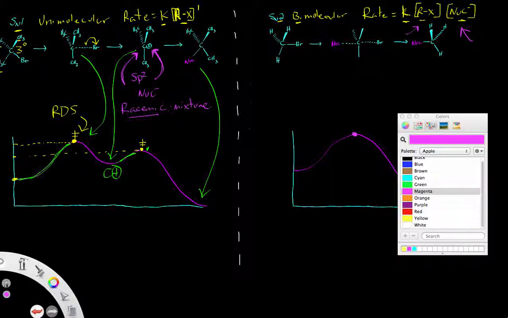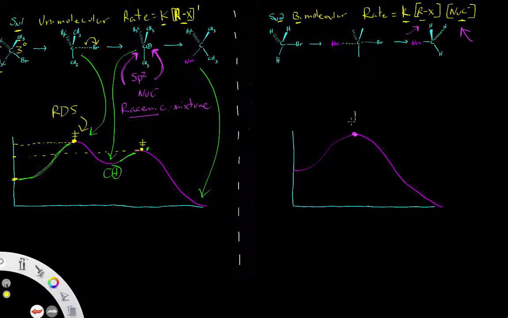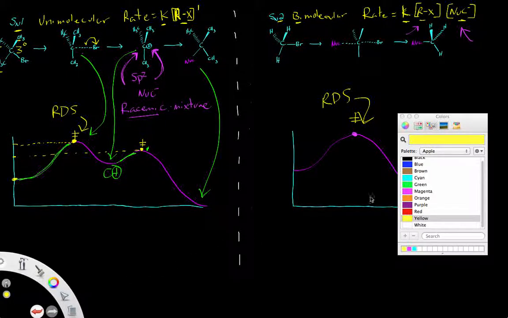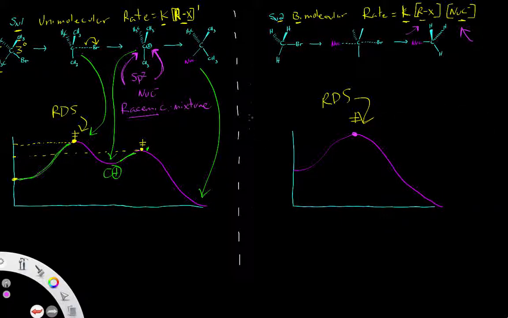Let me put my double dagger to indicate that. That's my transition state, which is also my rate determining step, as mentioned in the previous example. So now I can apply that to this step of the chemical reaction.